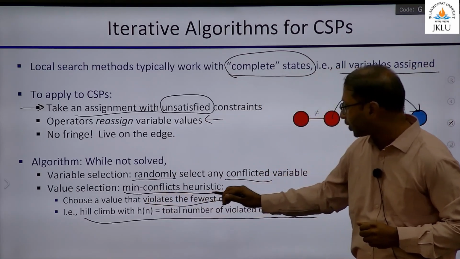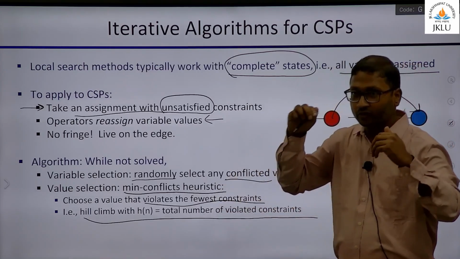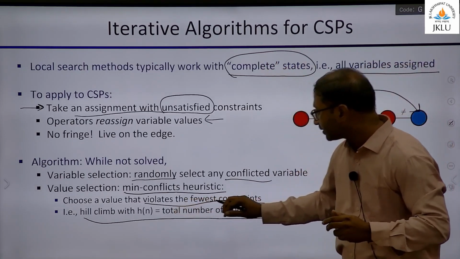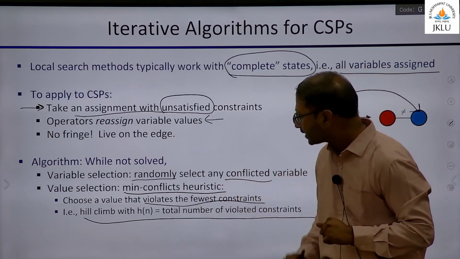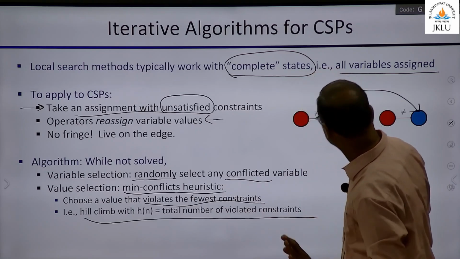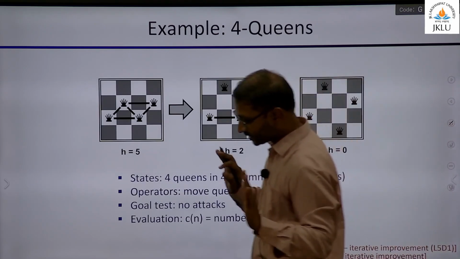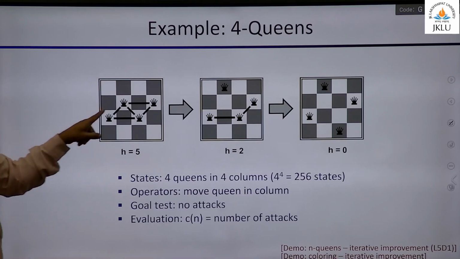Choose a value that violates the fewest constraints. Right? So if you have 4 constraints violated, then choose a value that violates the fewest constraints. We'll see what it exactly means. Hill climb with hn, total number of violated constraints. This is a perfect example to show everything that we have been doing, I mean, for this algorithm.